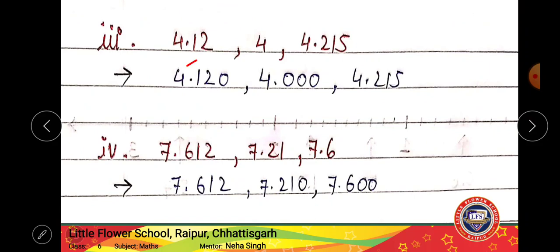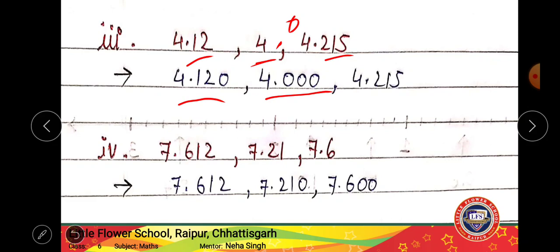See again, 2, 3, and here the decimal point also we are not having, right? So if you are writing it as 4 or 4.0, the meaning is the same. After the decimal no number is there, right? So here I'll put one 0, and here since I need to convert it into 3 places of decimals, 3 zeros I'll put, right?